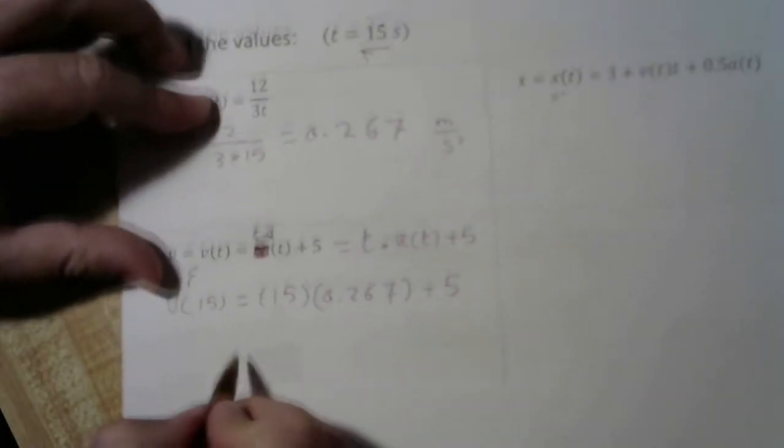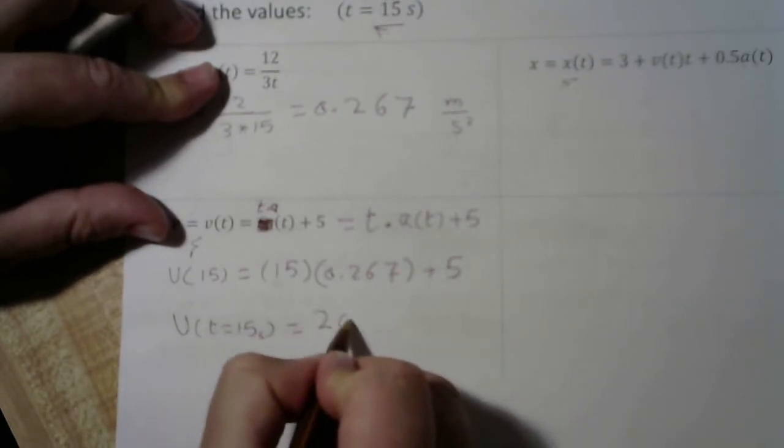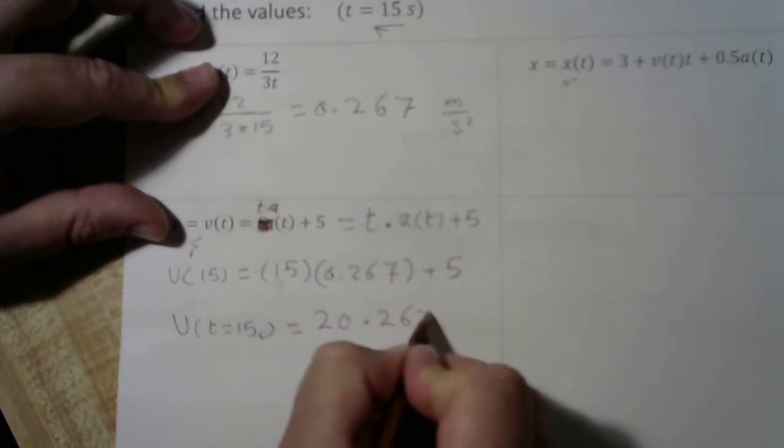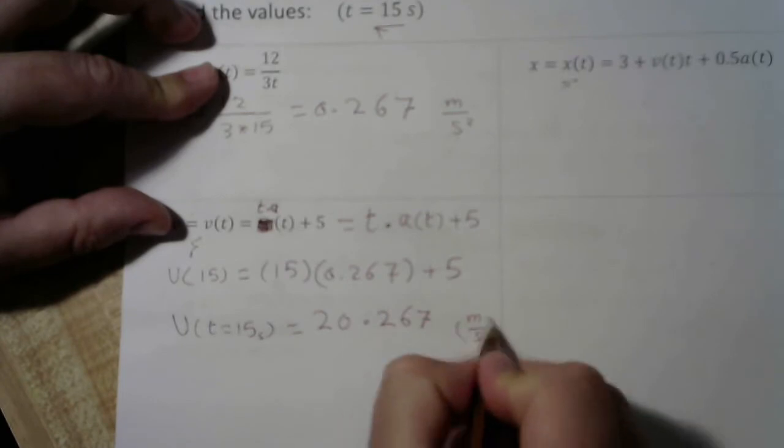All of this will be equal, the velocity at t equal 15 seconds is equal to 20.267. What is the units of the velocity? It is meter per seconds.